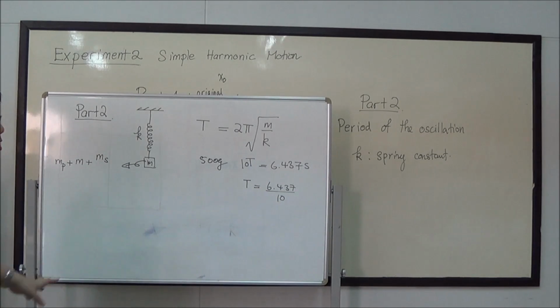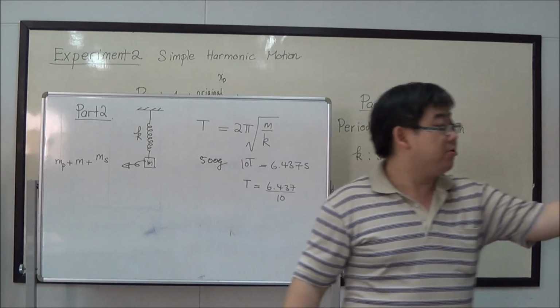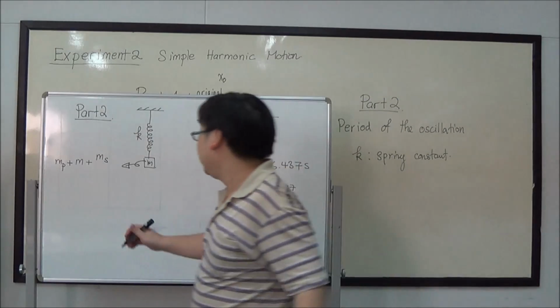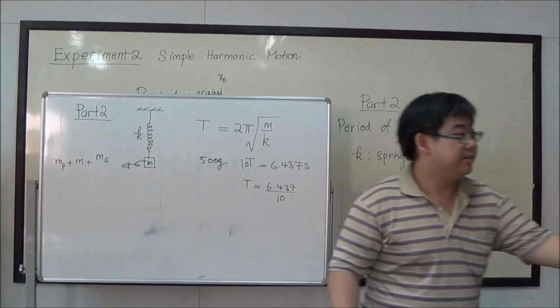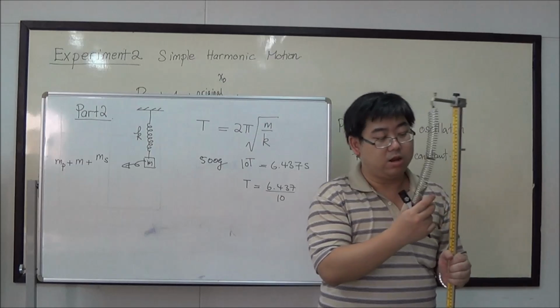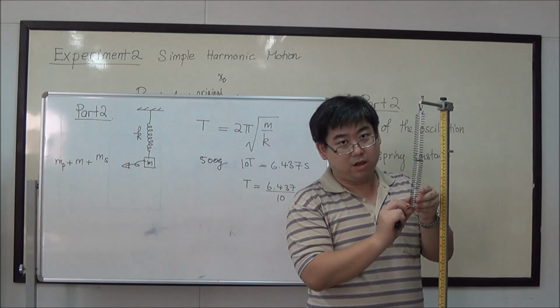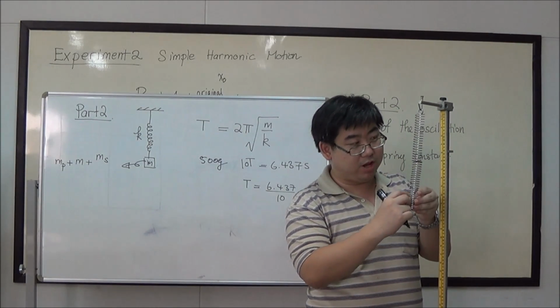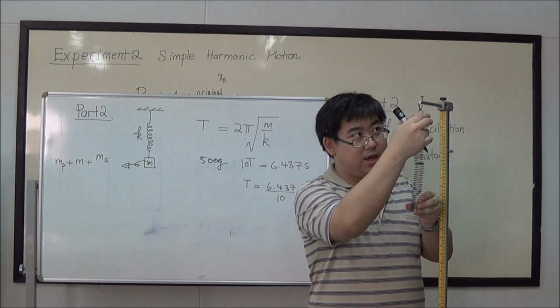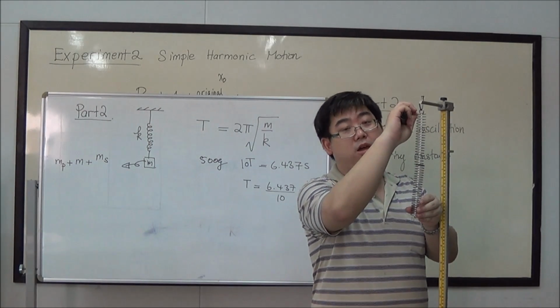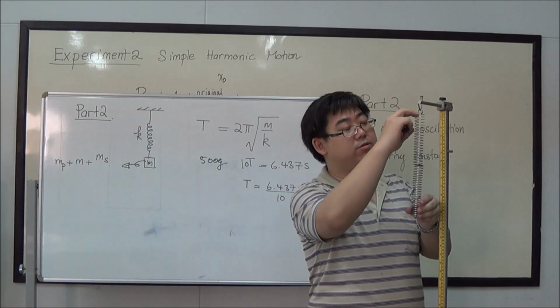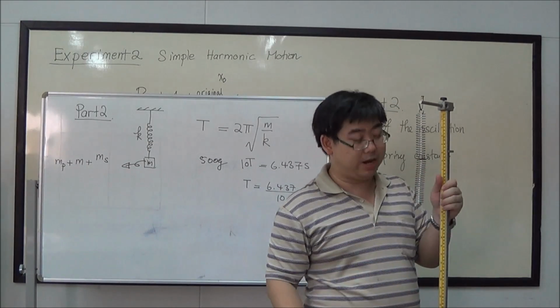But from the theory, because the spring moves together, you see that the lowest part of the spring will feel no mass, but when we go up the spring, this part of the spring will feel the whole mass of this spring.